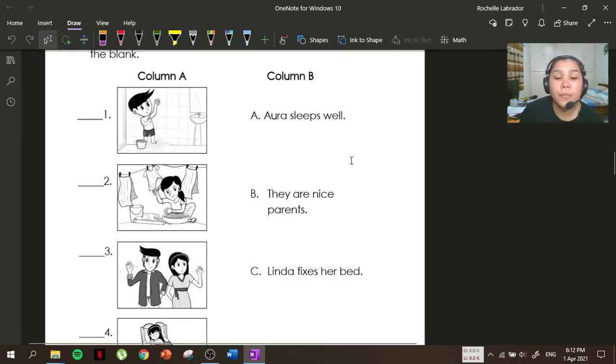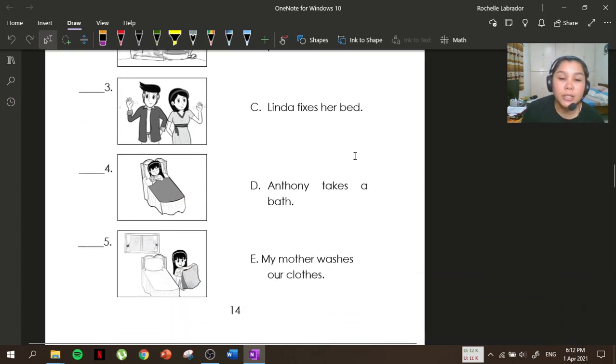Letter C, Linda fixes her bed. Letter D, Anthony takes a bath. And then letter E, my mother washes her clothes.